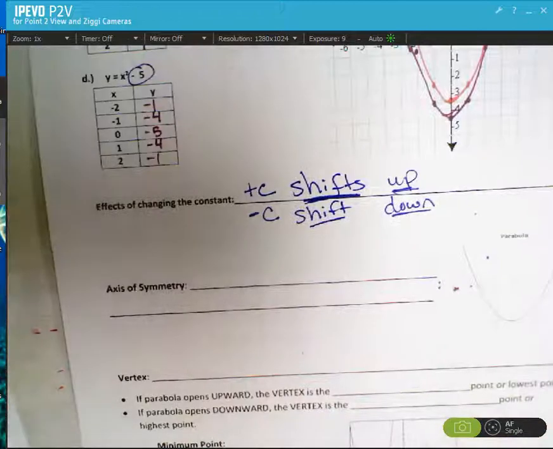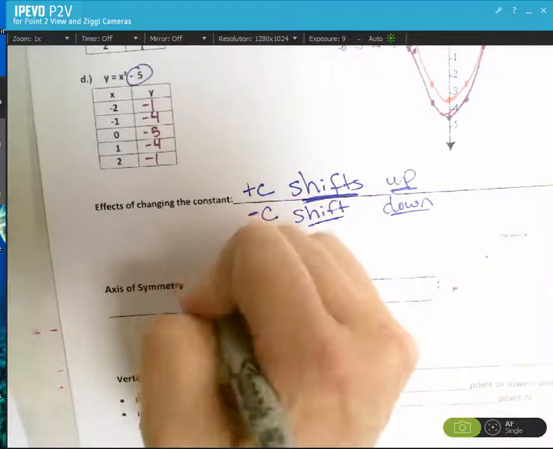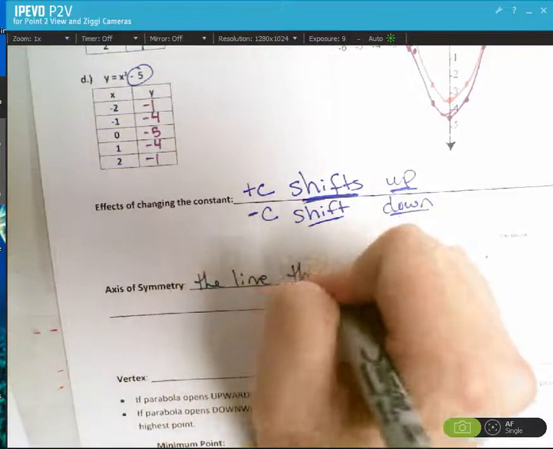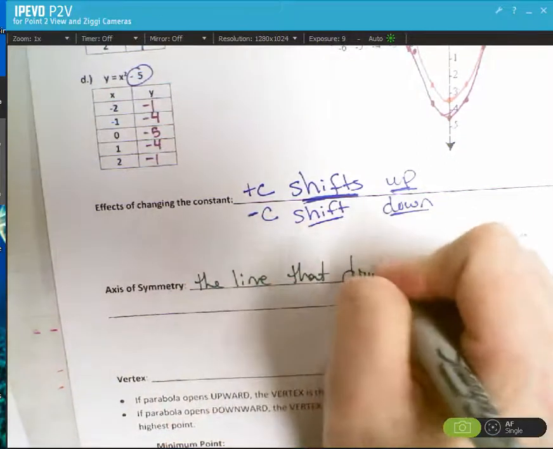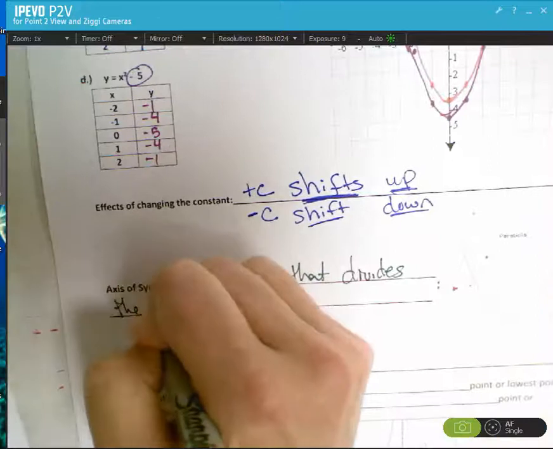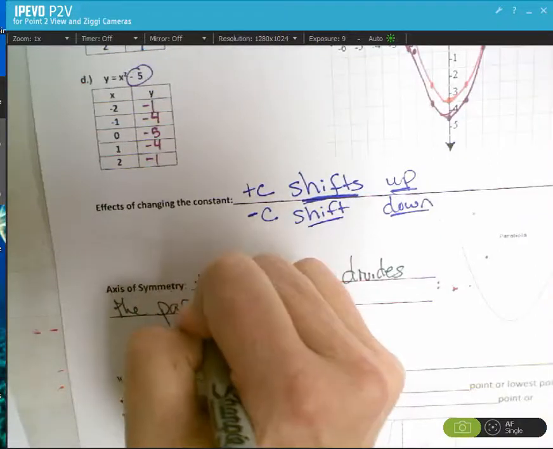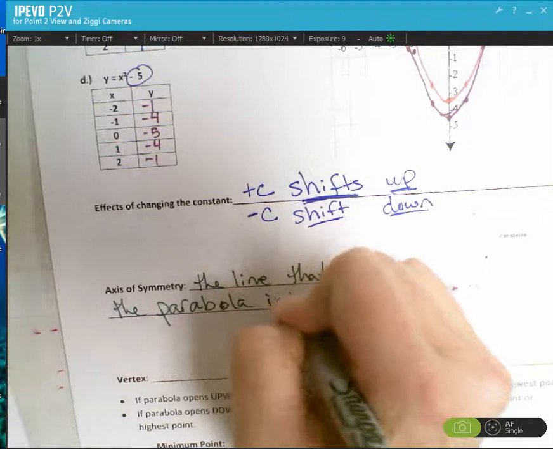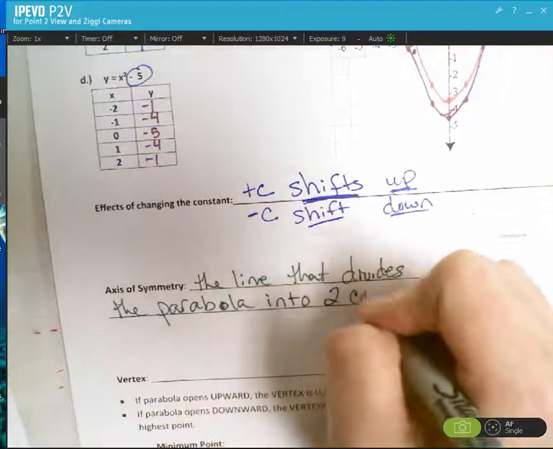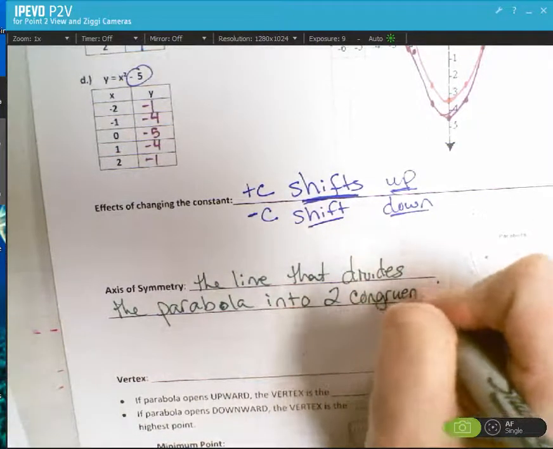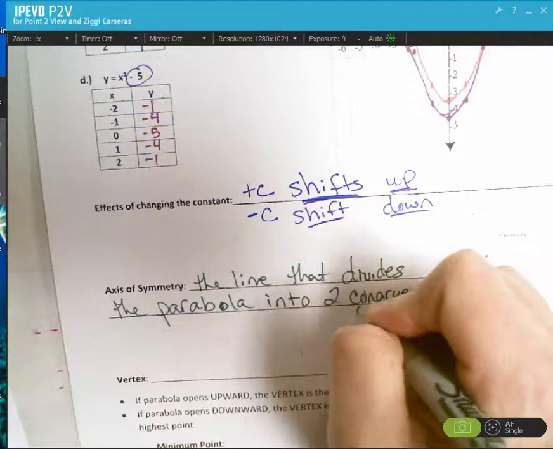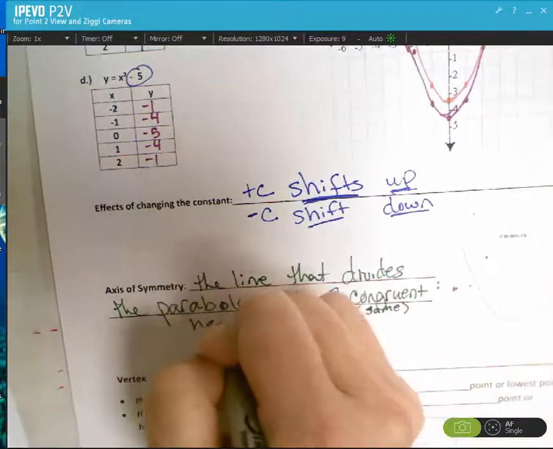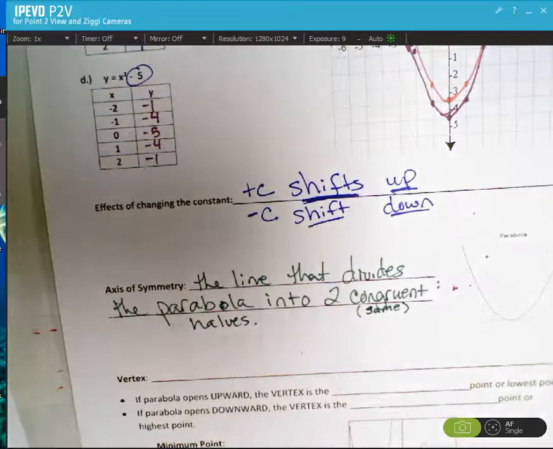So your axis of symmetry in all these quadratic functions is the line that divides the parabola into two congruent, remember, congruent is a fancy word for same, halves. So I end up with two sides.